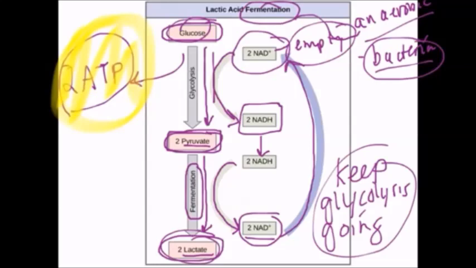Now, let me tell you a little bit about some of the products that you might be familiar with with regard to lactic acid fermentation. We know that lactic acid is an important part of how we make yogurt. When we make yogurt, we take bacteria and we place them in an anaerobic environment, and we force them to go through this process of glycolysis and lactic acid fermentation. And so when you eat yogurt, especially like a Greek yogurt, this would also be true for how we make sour cream.